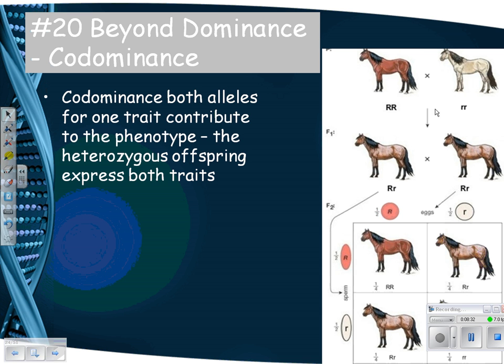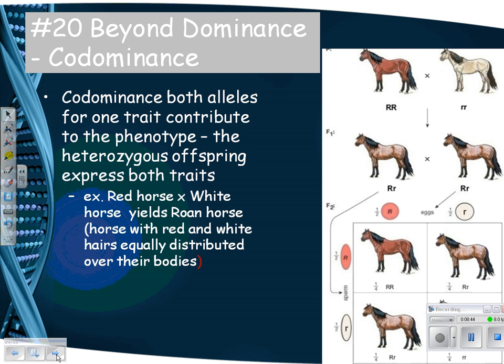So here is a red horse that crosses with a white horse, and you end up with what we call a roan horse. So you don't have pink, you have red and white hairs that are equally distributed throughout the body. Okay, so that is called codominance.